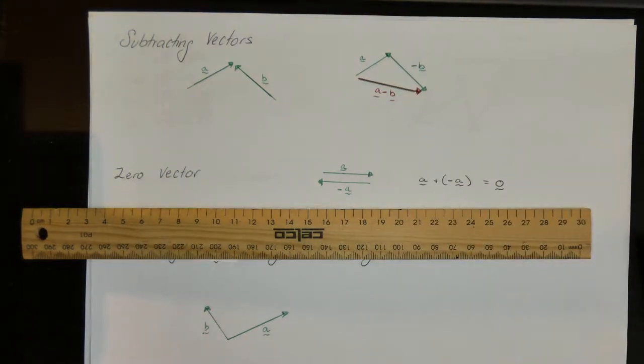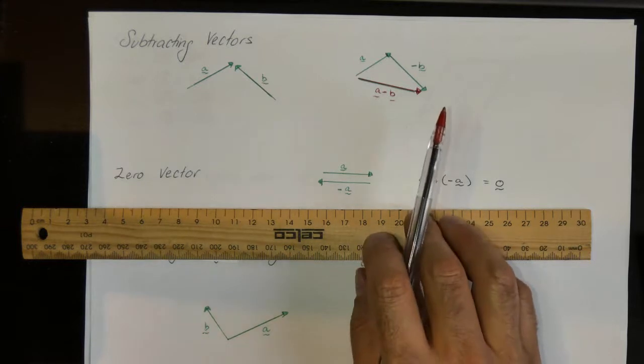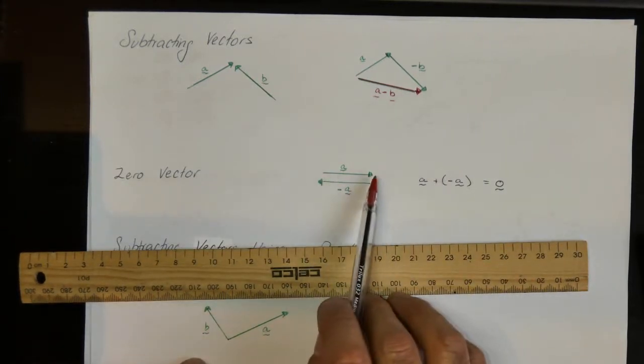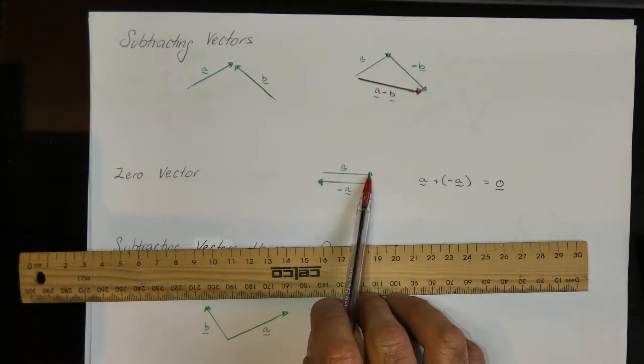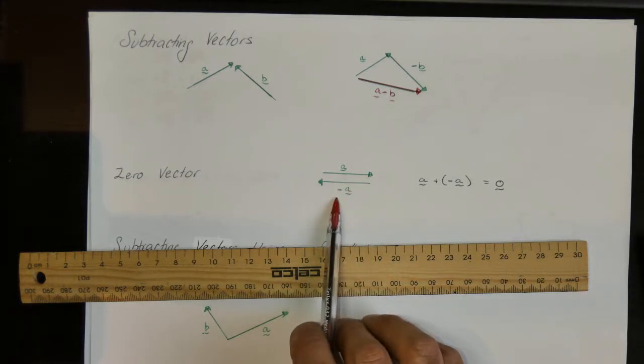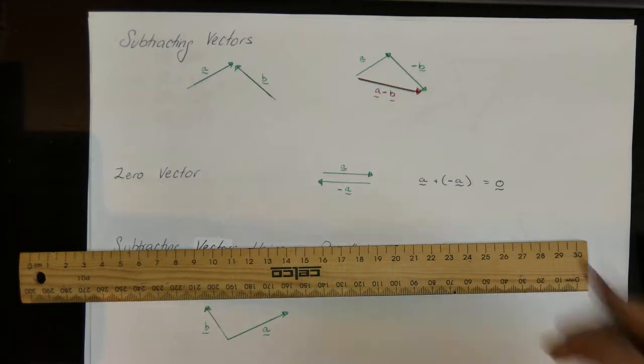Okay. Now, the zero vector. The zero vector happens if I have a vector going one way. Remember, if I want to change its direction, all I have to do is make it into a negative.